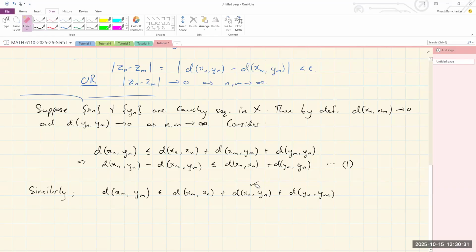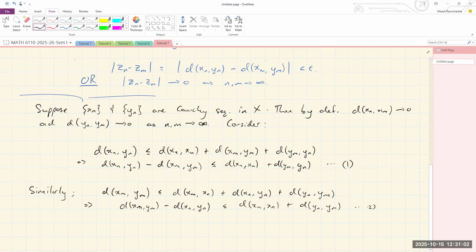Okay, so that again is just the triangle inequality we're using to make these inequalities. And I'm going to bring the d of xn yn over to the left. So I get d of xm ym minus d of xn yn is less than or equal to d of xm xn plus d of yn ym.